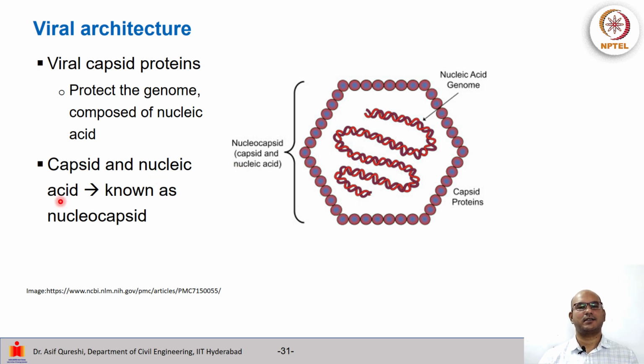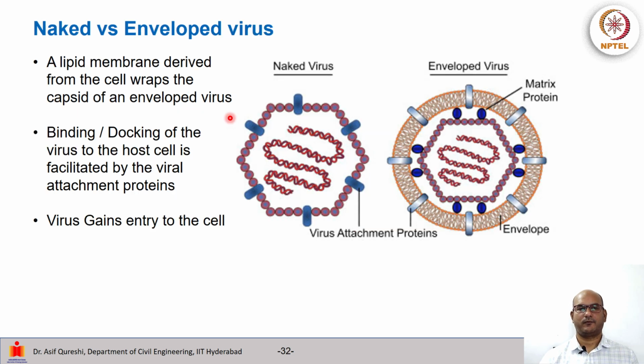Capsid and nucleic acid are known as nucleocapsid, and this capsid protects the actual genomic material, the genome. This is a naked virus, and these are the virus attachment proteins.